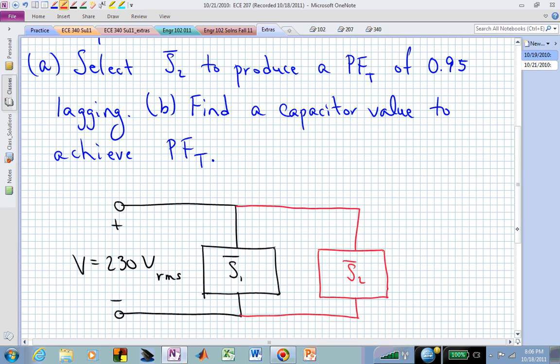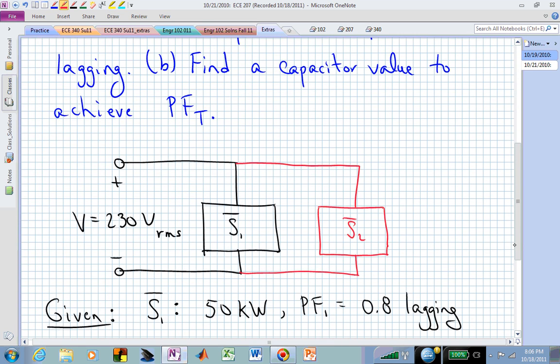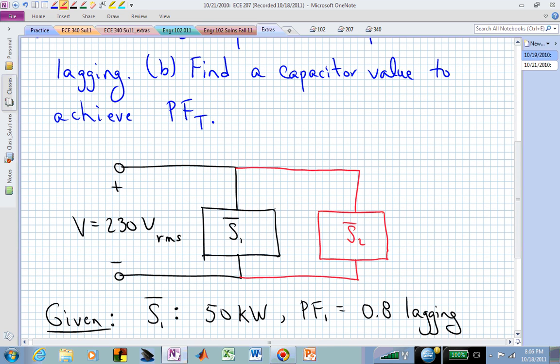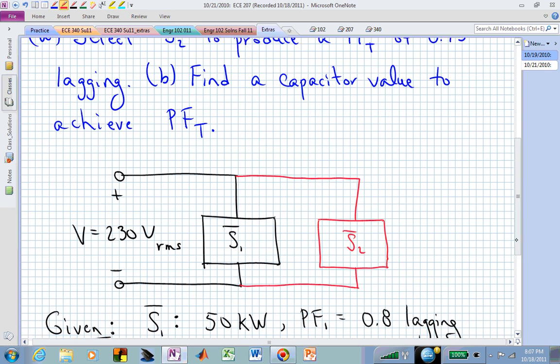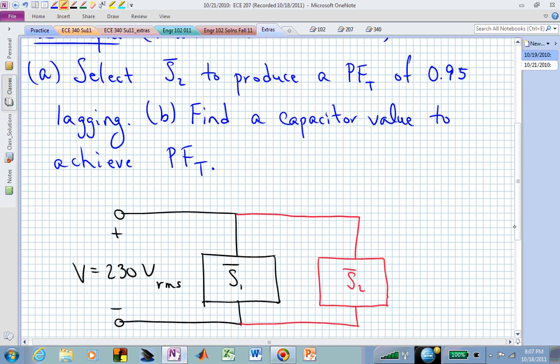That may not make any sense until I tell you where we're starting. We're actually starting with S1 being more of a lagging system. It consumes 50 kilowatts of average power, and the power factor for load number 1 is 0.8 lagging. We want to introduce S2, a second load, put that in parallel with the first load, and select the impedance of S2 such that we correct the power factor a little bit.